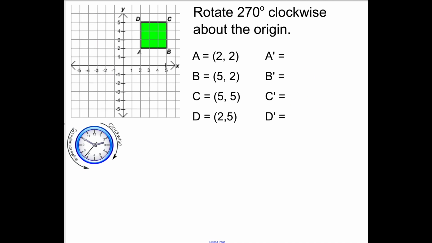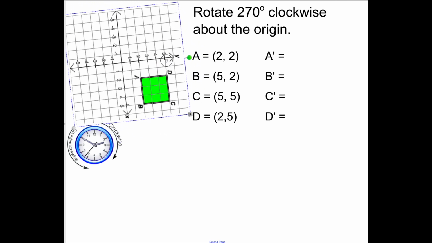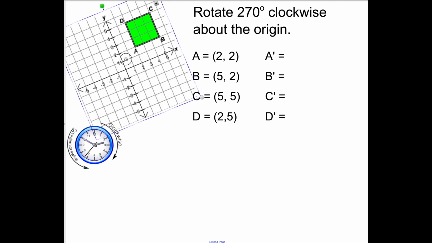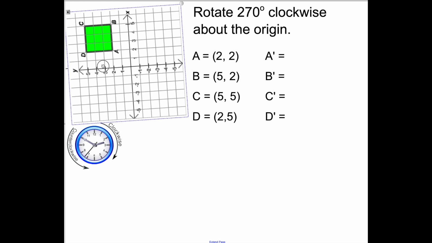All right. Now we're going to go 270 degrees clockwise about the origin. So 270 degrees, I put my finger on the origin, which is the center point, right here, my center point. And now I'm going to go 90, 180, 270.